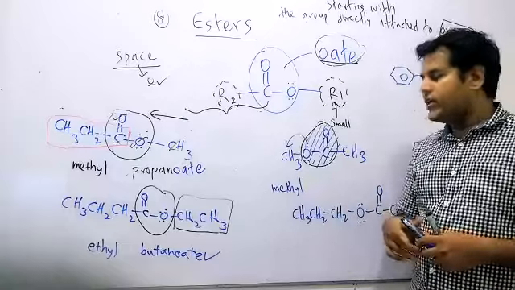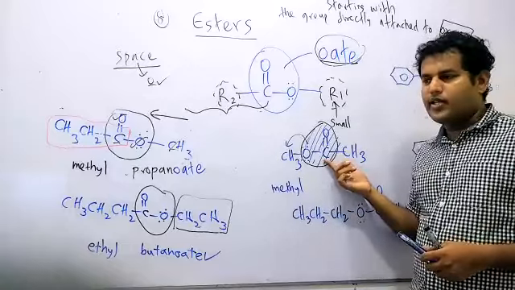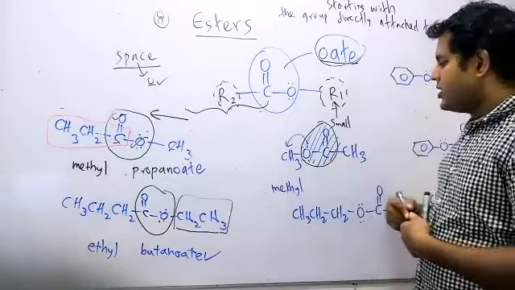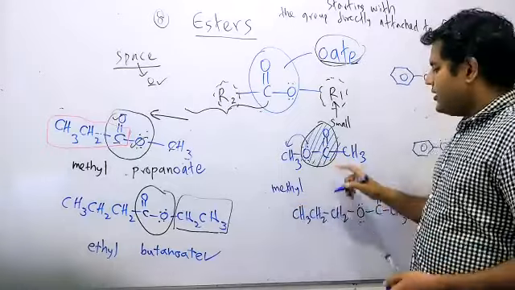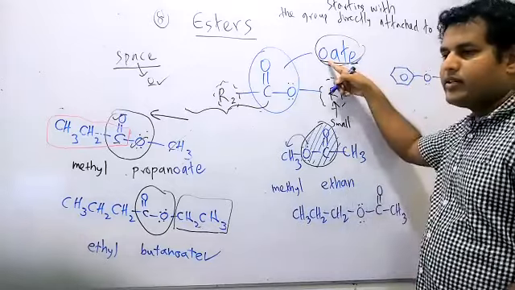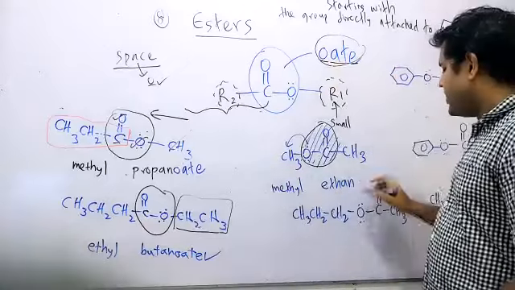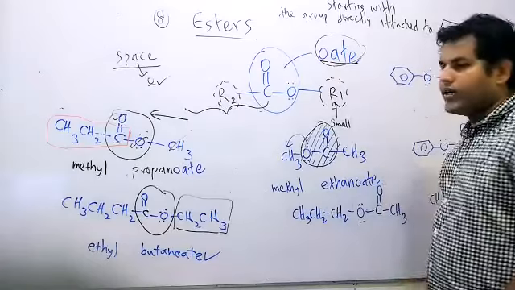We have just 2 carbons. 2 carbons means ethane. With ethane, you have to give the name. So this is methyl, and then you keep a space and name it as ethanoate. So that is methyl ethanoate.